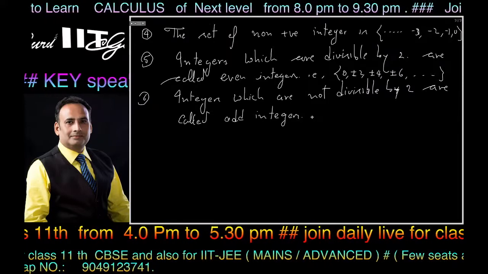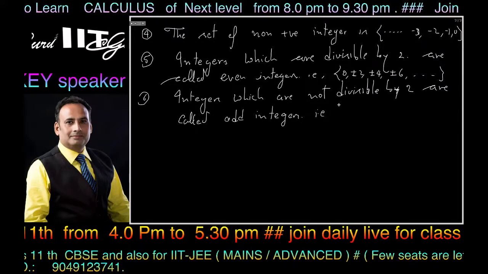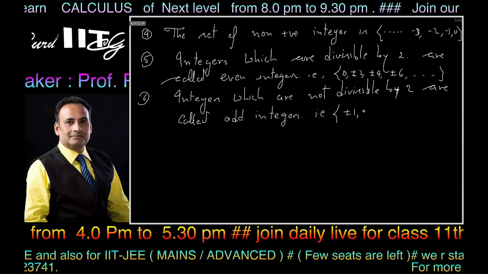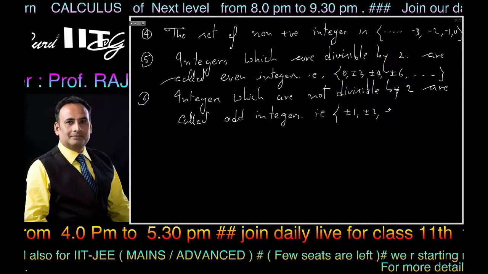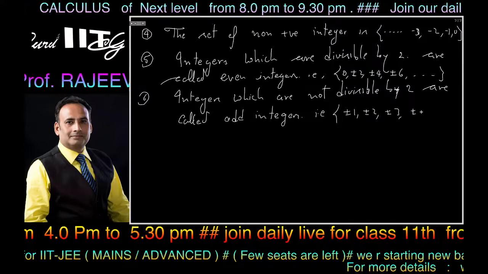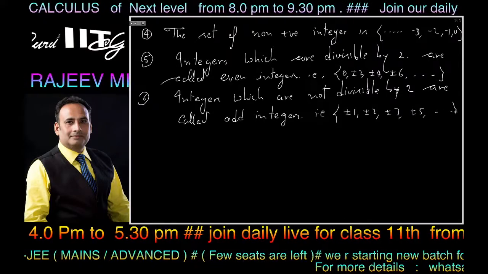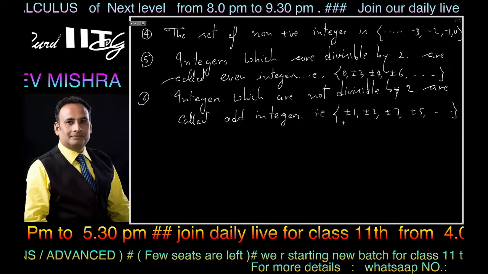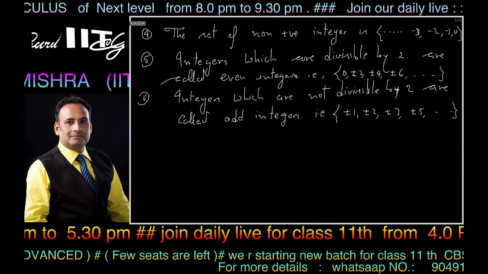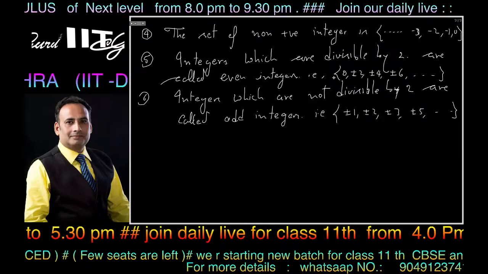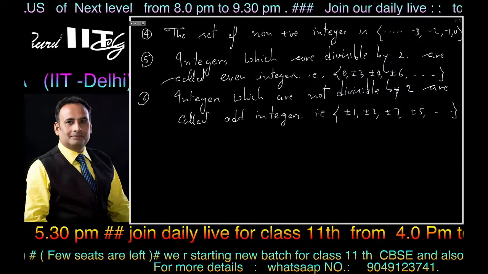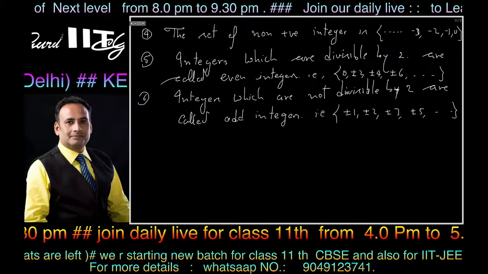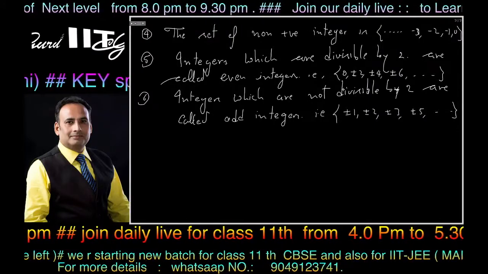What about odd integers? Plus minus 1, plus minus 3, plus minus 5, and so on. These all are odd integers. 0 you can't say is an odd number. 0 is undoubtedly an even integer, in the list of even integers, because 0 is also divisible by 2.